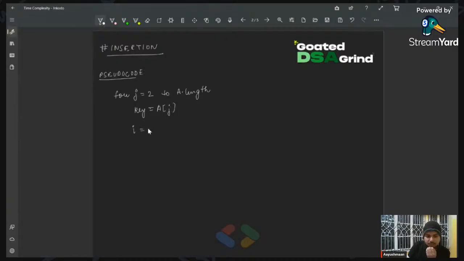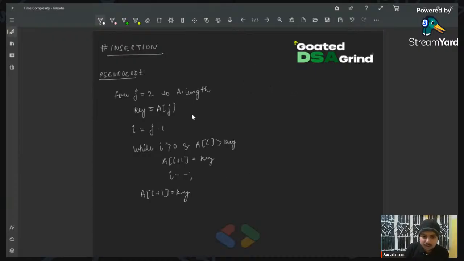Now we assign a variable i which will be j minus 1, and then while i is greater than 0 and a of i is greater than key, we'll be replacing the value at a of i plus 1 with a of i. Then after the loop, we have a of i plus 1 equals key.